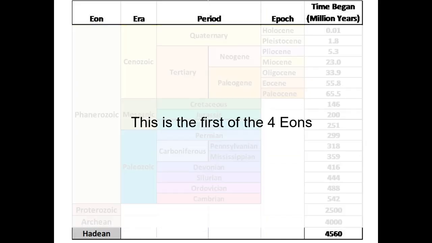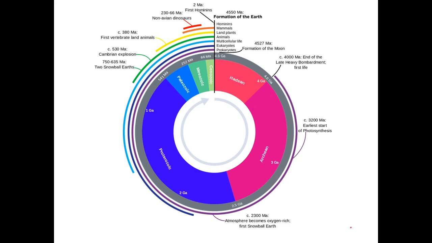So the Hadean is the first of the 4 eons. It started 4.56 billion years ago with the creation of Earth, and it lasts all the way to 4 billion years ago. So it only goes about 560 million years. So there's the Hadean.